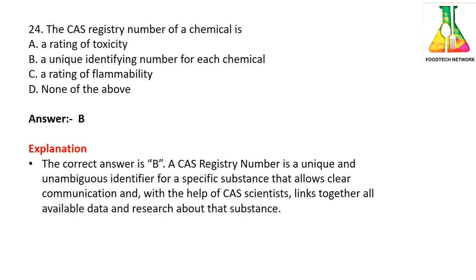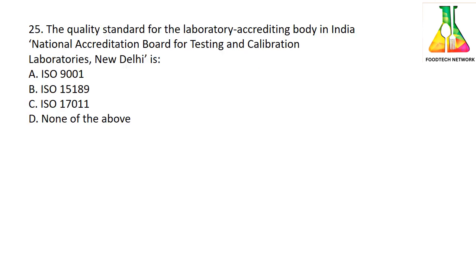The CAS registry number is a unique and unambiguous identifier for a specific substance that allows clear communication with the help of CAS scientists and links together all the available data and research about that substance.